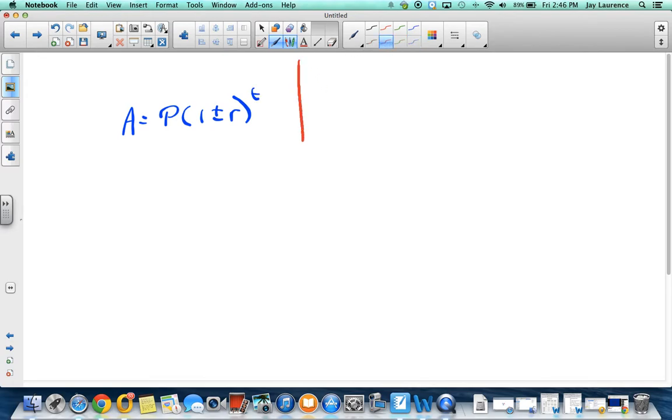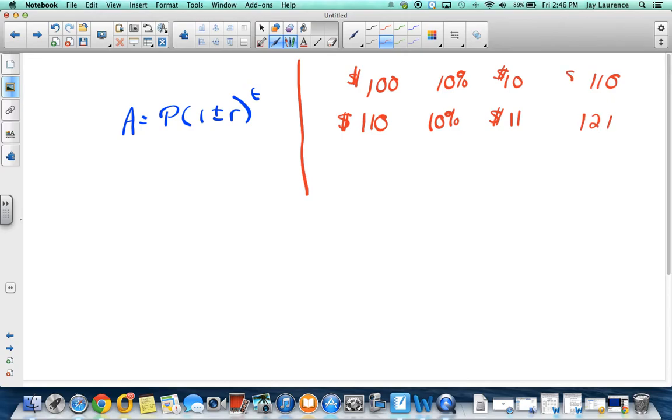If we put $100 in the bank, right, and they were going to pay us 10% interest, well, after the first year, we would have an extra $10, right? 10% of 100 is 10, and so we'd have $110.